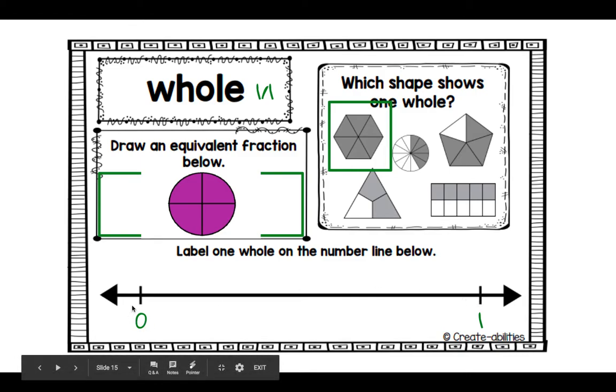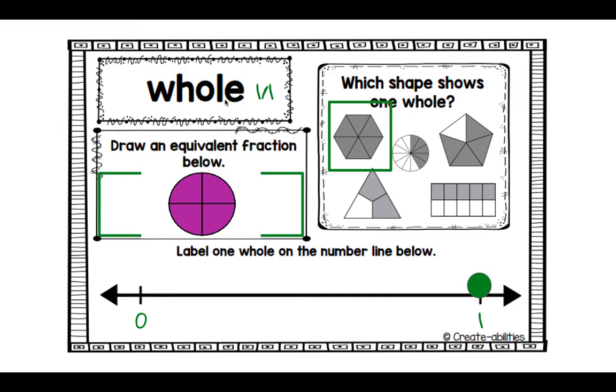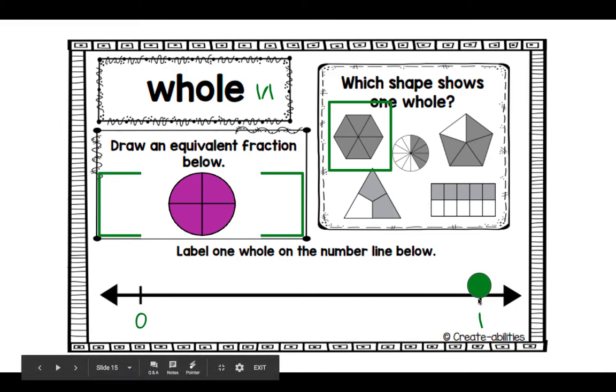This means that anything that we put between 0 and 1 is actually less than 1. So we're showing on a number line that the numbers that we're using are actually less than 1 with these fractions. However, with the whole, 1 whole, that's the same thing as 1.